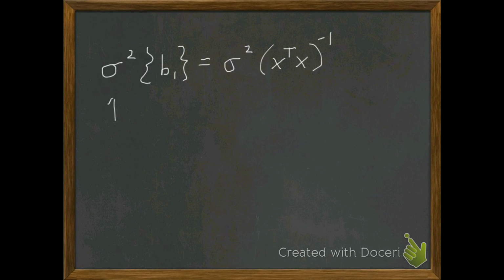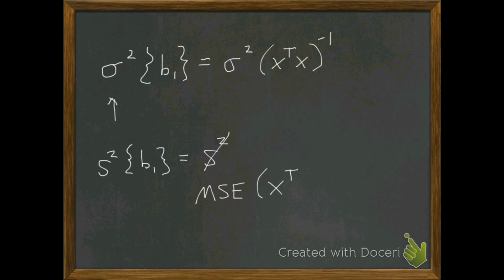Now our best estimate of this is the sample variance of B1 equals S squared, which of course we know is, or at least we better know, the mean square error times X transpose X inverse. Now, guys, the mean square error is just going to be a number.